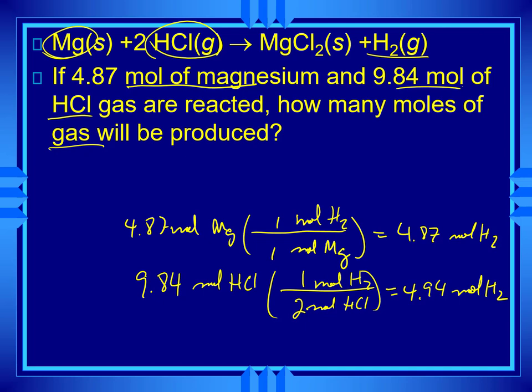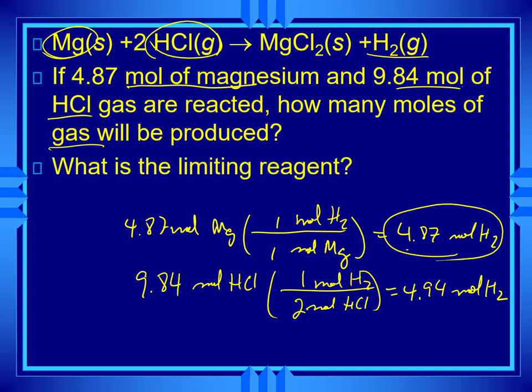Well, since 4.87 is smaller than 4.92, the answer is 4.87 moles of H2. That's how much gas I'm going to produce. What is the limiting reagent? Well, the limiting reagent is the stuff that makes the least, so the limiting reagent is the magnesium. I ran out of the magnesium, and that's why everything stopped.